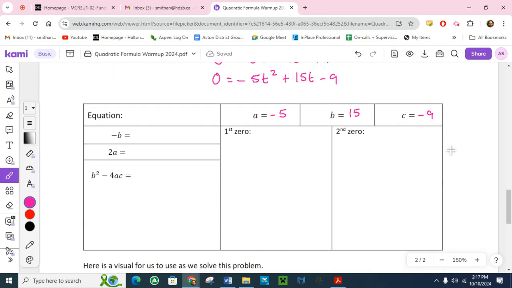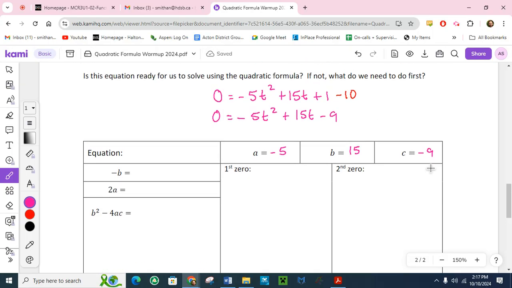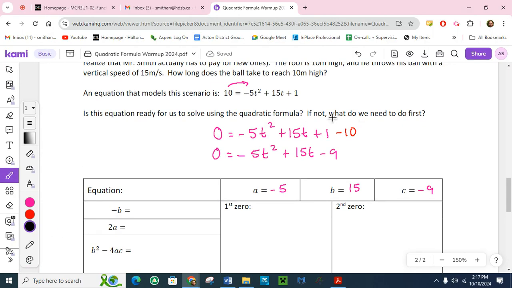If we were to move 15 and 1 over to the other side, wouldn't they become negative? That's an excellent question. So I'm just going to show you what would happen. I'll do it on the left over here. So let's say you moved all this stuff to the left. What would happen?